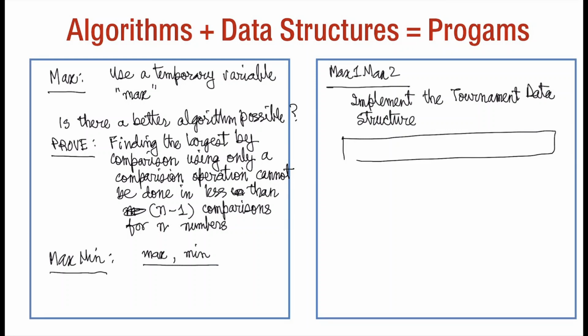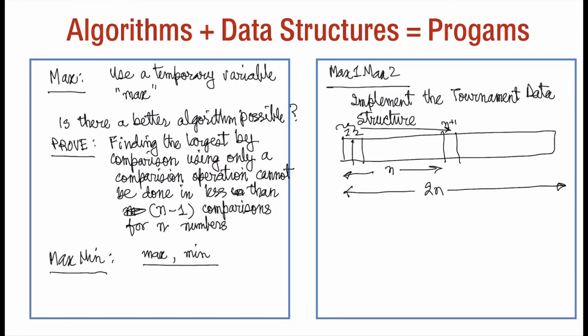A simple way is, for n elements, to maintain a 2n size array, and for every pairwise comparison, if you compare element 1 and 2, you store it in n plus 1. The comparison of 3 and 4 is stored in n plus 2, etc.